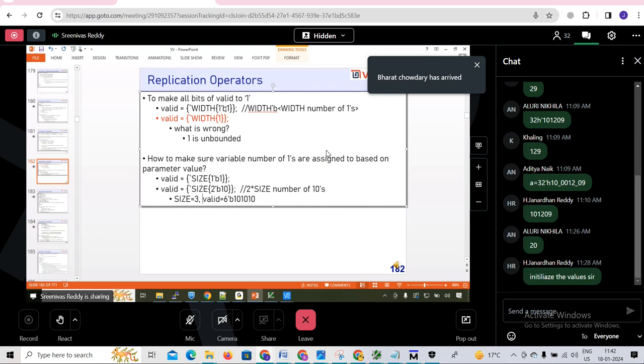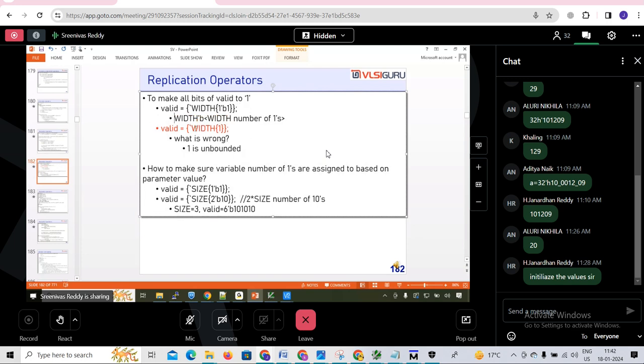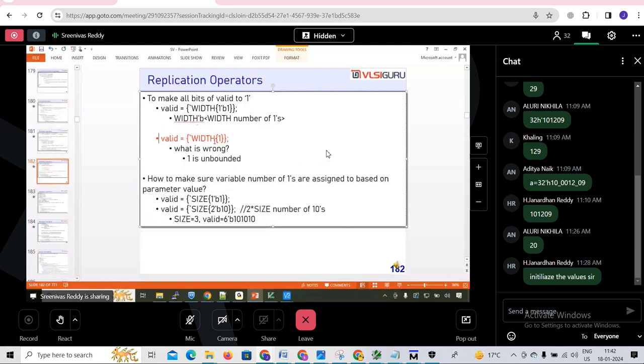In summary, if I want 1 tick b1 to be replicated a number of times, I have to use this kind of syntax. This one is wrong. If you replicate 1, 32 bits will get replicated, not 1 bit, because it is unbounded.